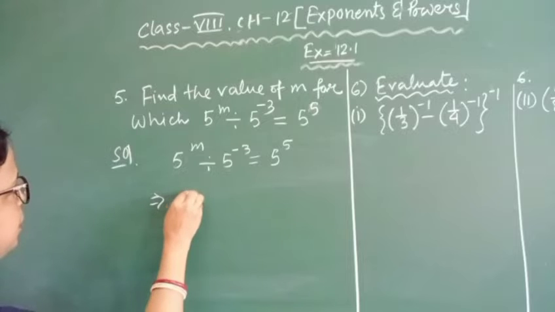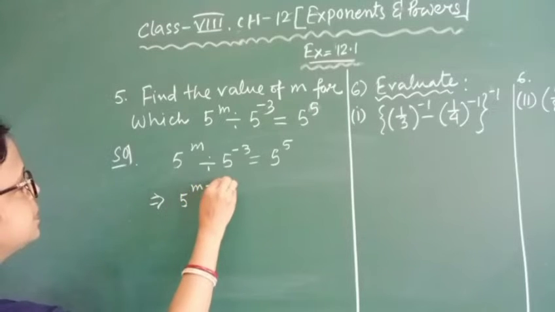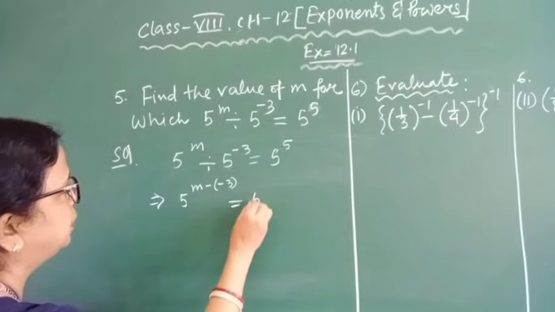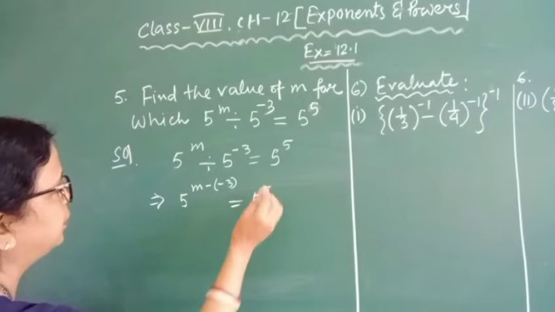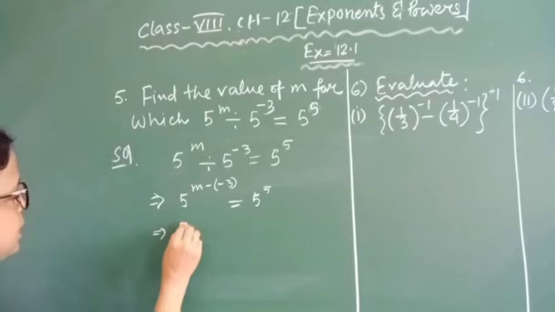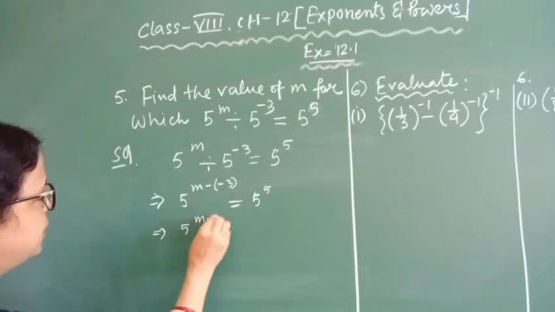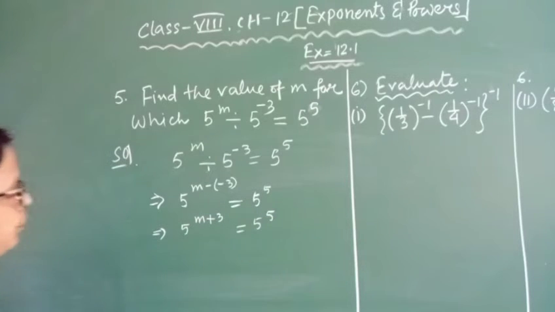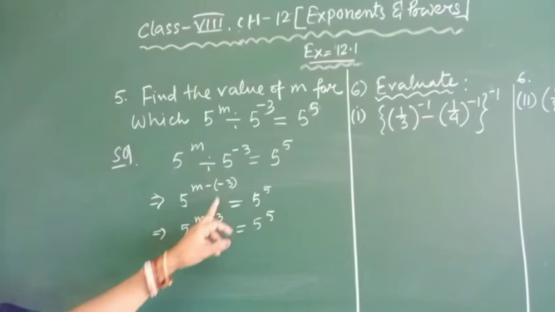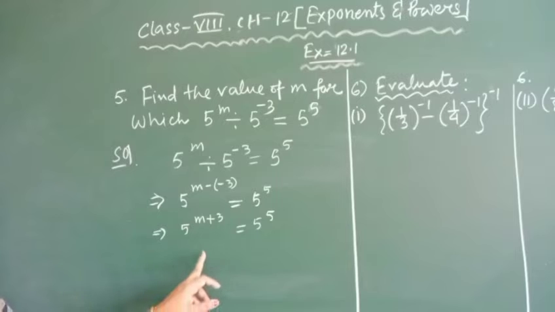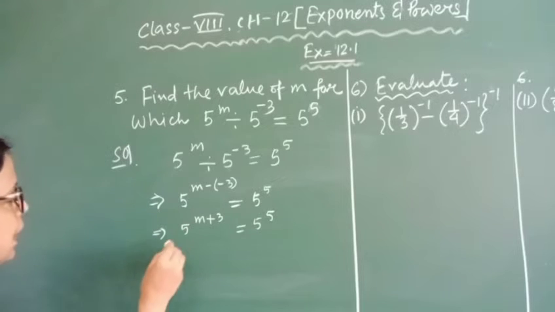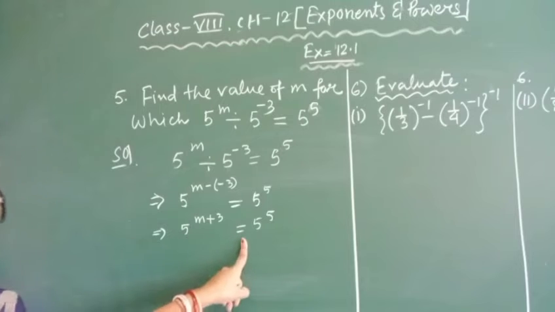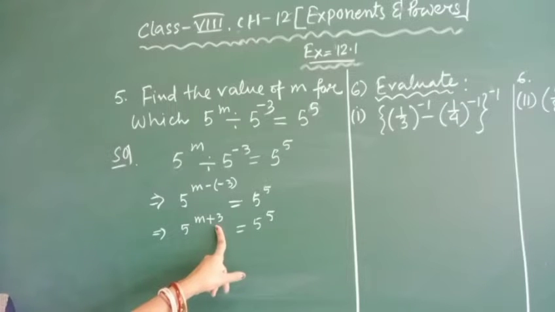So 5 to the power m minus minus 3, that is 5 to the power m plus 3, equals 5 to the power 5. Now as the bases are same and their values are also same, the powers must be same.